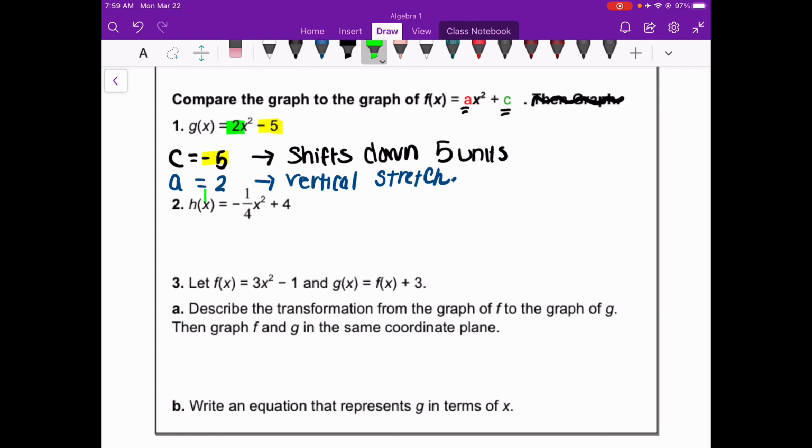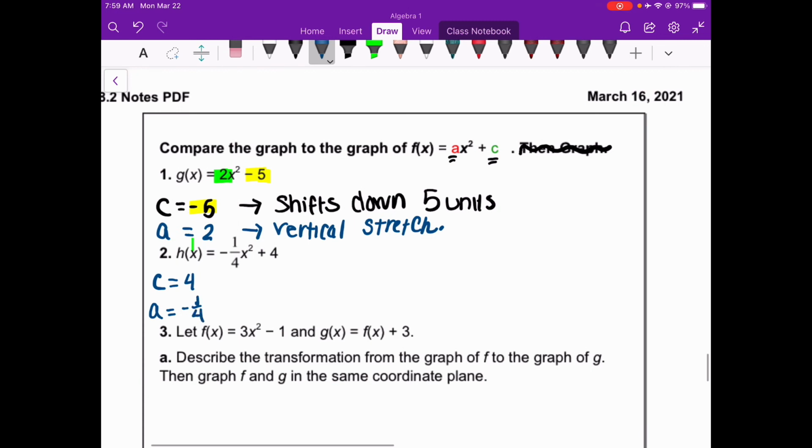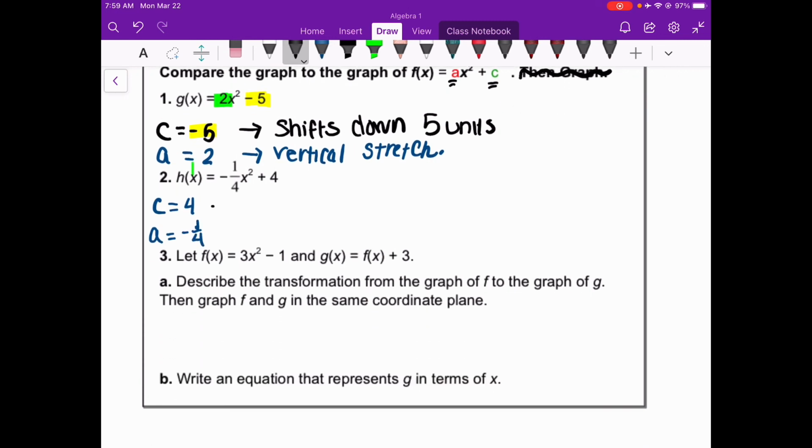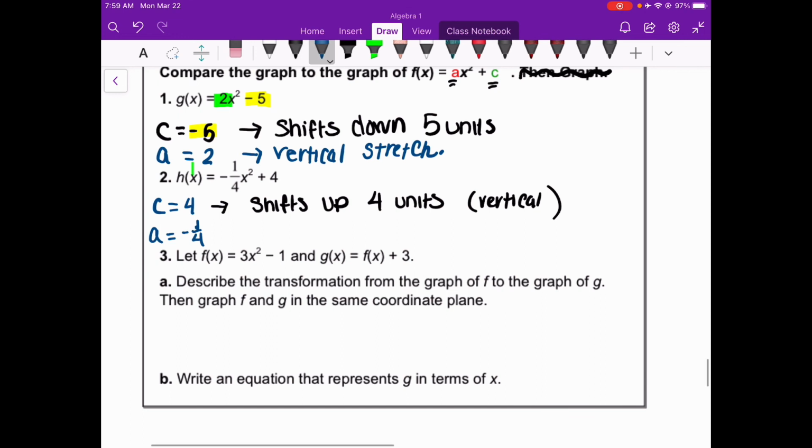Let's try the next one. C value is 4. A value is negative 1/4. So for the C value, that tells us it shifts up 4 units. Again, that means a vertical translation up vertically. The 1/4 tells us there was a vertical shrink.